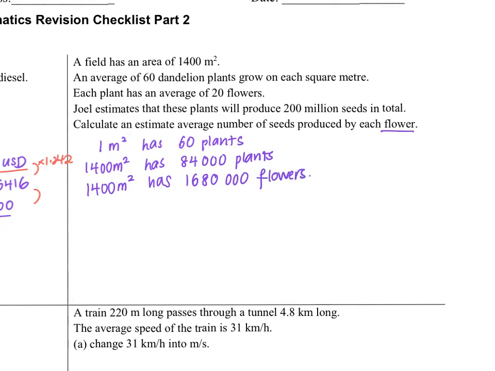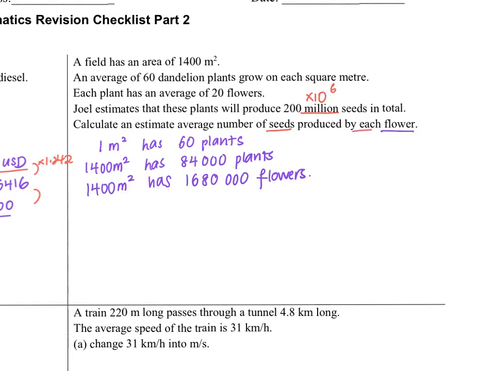Okay, now the question says that it has 200 million seeds. What is million in standard form? Times 10 to the power of 6, right? So now they are asking us to find the average number of seeds produced by each flower.